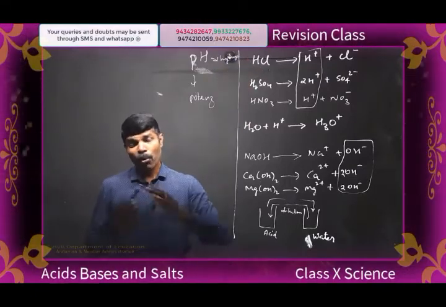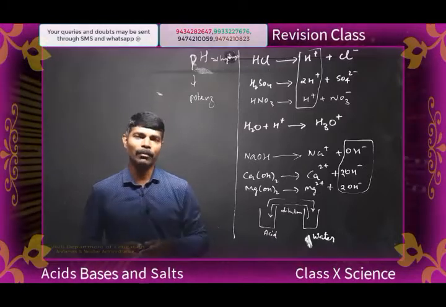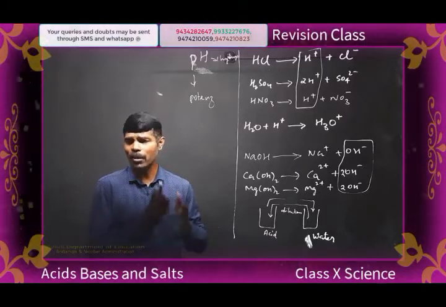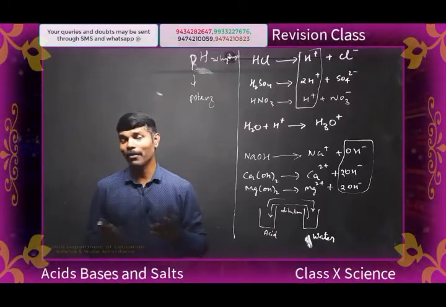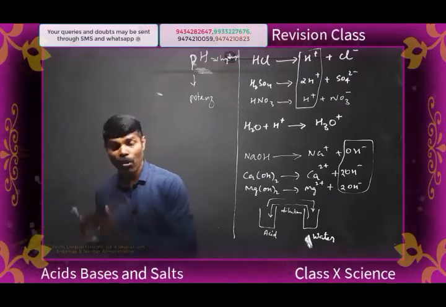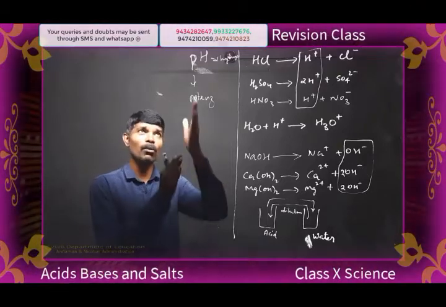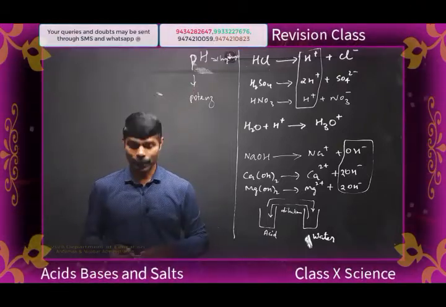If more hydrogen ion is present in an acid, then the strength of that acid will be more. If the concentration of hydrogen ion is less, then we can say that the acid is weak. So a strong acid or a weak acid can be identified in terms of the concentration of hydrogen ion.